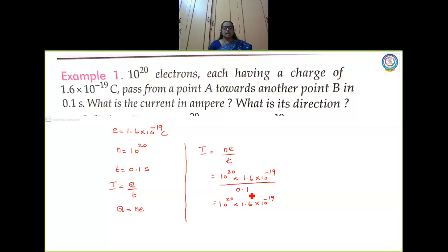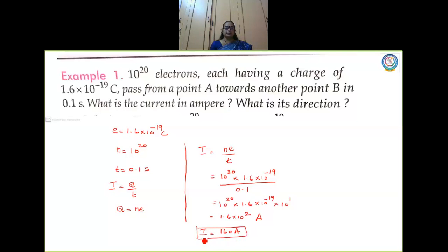When I bring this to the numerator, 10 power minus 1 becomes 10 power plus 1. So this will be 1.6 into 10 power minus 18, and 20 minus 18 will be 10 power 2. So the current is 160 ampere.